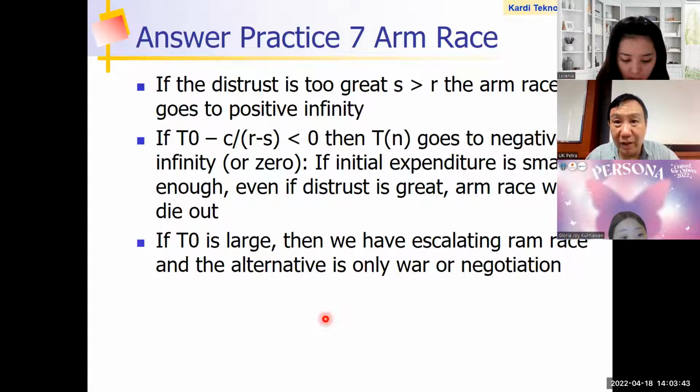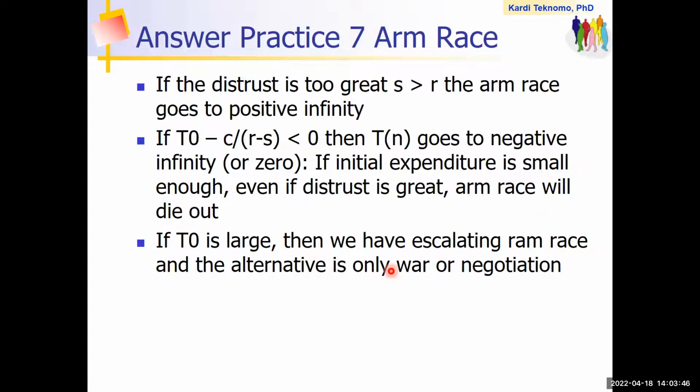Okay, and if the distrust is too great, with this S is larger than R, then the arms race will go to infinity. Okay, now depending on the initial condition, right? Then you can check in here if Tn goes to negative infinity or 0. If the initial expenditure is small enough, even if the distrust is great, the arms race will die out.